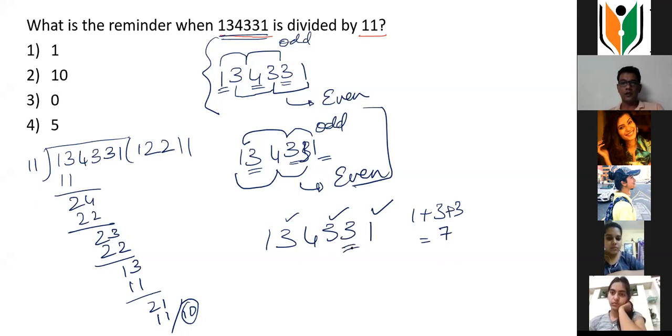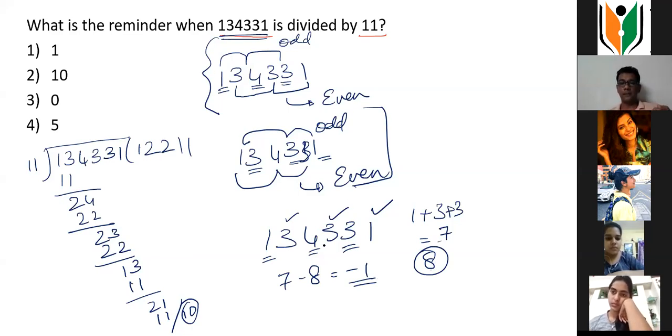And 3, 4, 1 are from even places, which has a sum of 8. So what is 7 minus 8? It's minus 1.